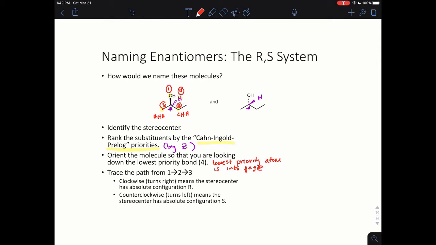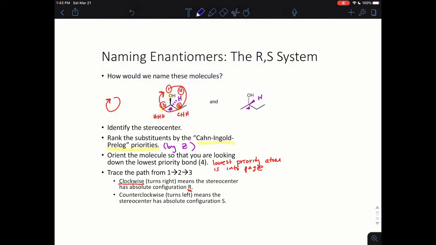So we are looking down the lowest priority bond. And then you want to trace the path from highest priority to second highest to third highest, 1, 2, 3. And then look at the direction that path is going. So in this case, the path is going clockwise, or turning to the right. And so this is the R enantiomer.